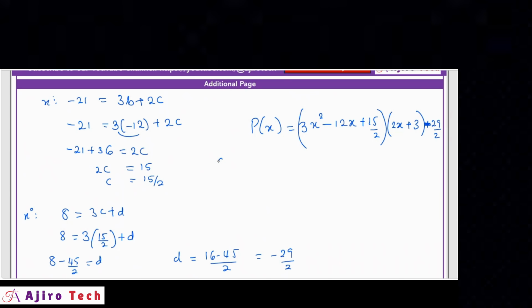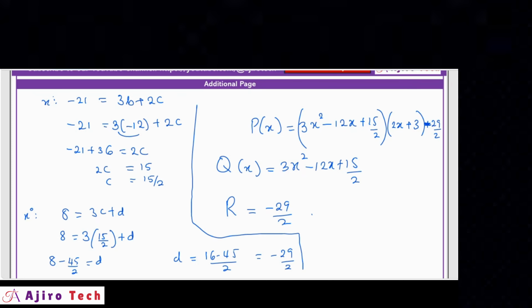So the quotient is 3x squared minus 12x plus 15 over 2, while the remainder is minus 29 over 2. You can also use a long division method to do that, but for me, I prefer this method to the long division method of solving it. Okay, so let's move on to the next question.